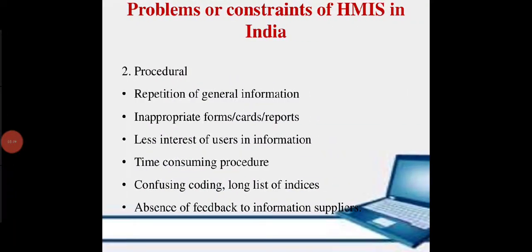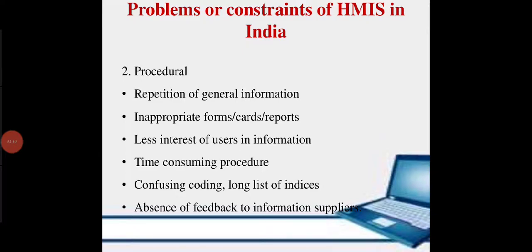And it continues with repetition of general information because of more population. Sometimes there will be a repetition of general information. Inappropriate forms, cards, and reports will be used in collection of data. Less interest of users in information. Time-consuming procedure. Confusing coding, long list of indices, and absence of feedback to information supplier.